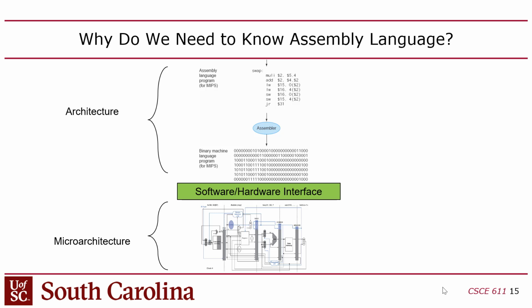Now, people have argued that we shouldn't even cover it in 212 because no one programs in assembly language in industry. No one uses it because compilers are really good. And that's true. Compilers will convert your C++ to assembly for you, right? You probably will never write assembly code in your jobs.